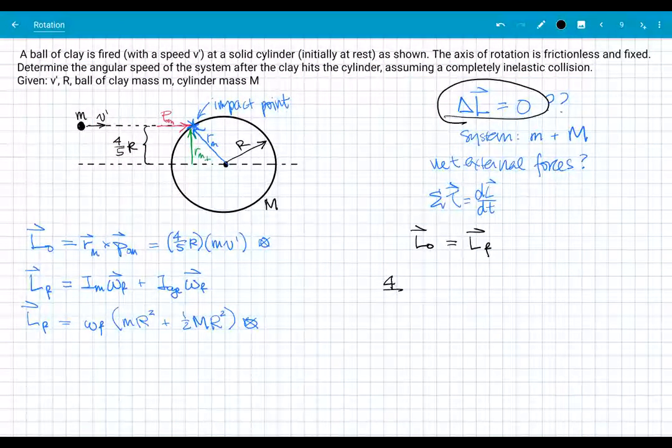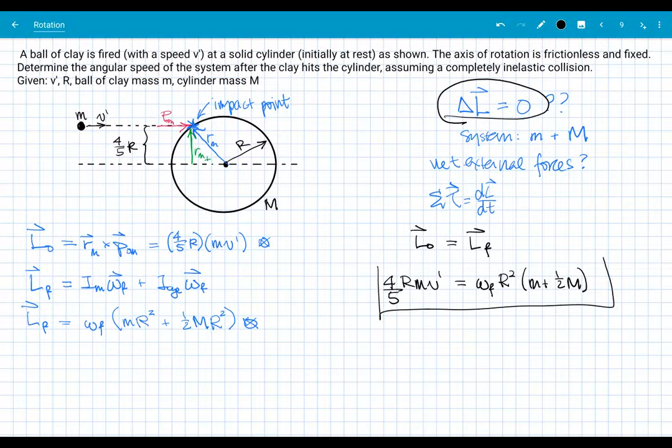So 4/5 r m v prime is equal to omega final r squared times m plus 1/2 big M. Okay, so that's the equation that I'll use from there, and that will allow me to solve for omega final, which is what I'm being asked for in this problem, right? The angular speed of the system after the collision.